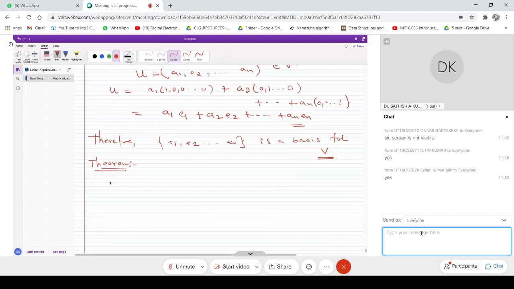So let V be a vector space which is spanned by a finite set of vectors.